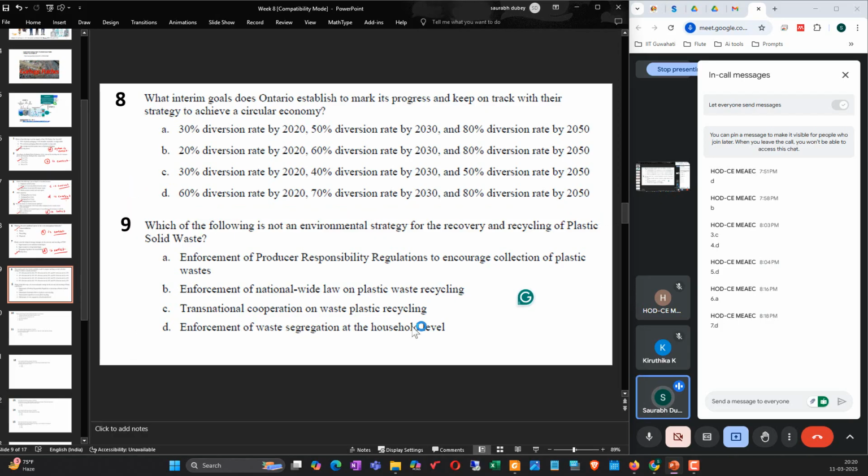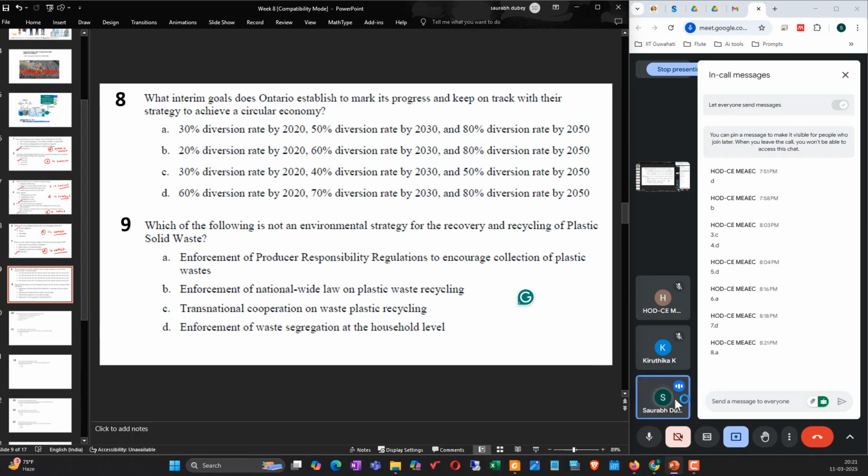What interim goals does Ontario establish to mark its progress and keep on track with their strategy to achieve a circular economy? So A is this: 30% diversion rate by 2020 and 50% diversion rate by 2030 and 80% diversion rate by 2050. So these are different diversion rates.